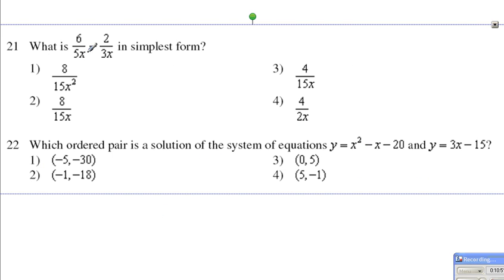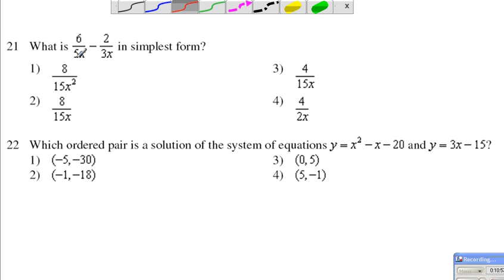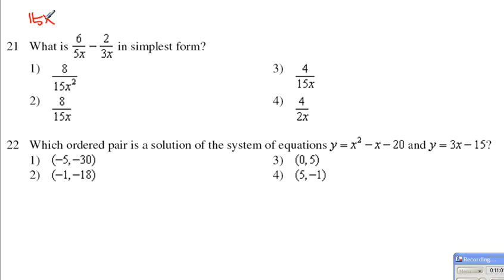Next, we want to have the common denominator here. The common denominator would have been 15x, because of x being the variable, and between 3 and 5, the common multiple would have been 15. In order for us to get 15, here we have to multiply by 5 on each side, and here we have to multiply by 3 on each side.